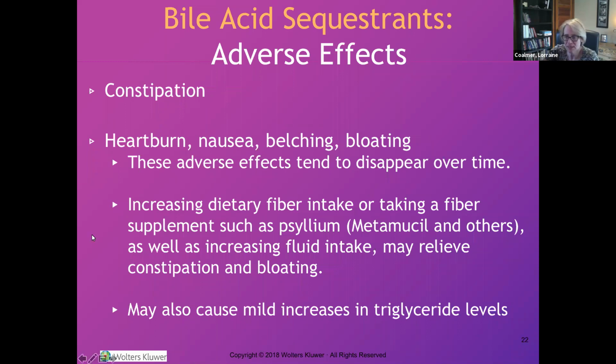It may also cause a mild increase in triglyceride levels. So if this person had normal triglyceride levels and we start to see them trend upward, it's maybe due to this med and we might need to try something different. So really keep an eye on your lipid panel and make sure that it doesn't inadvertently increase the triglyceride levels as well.